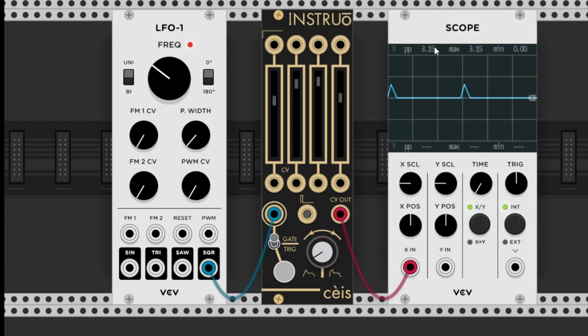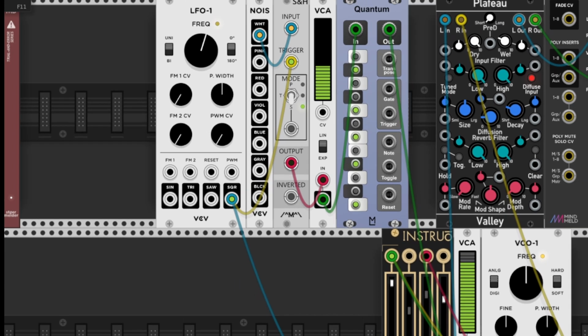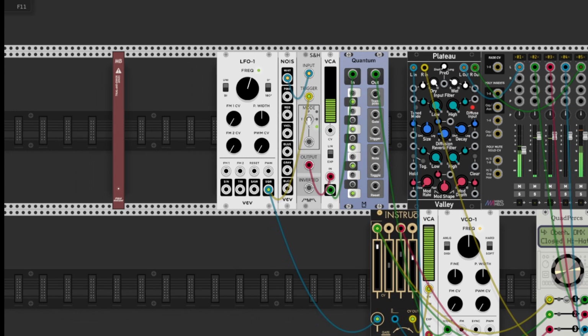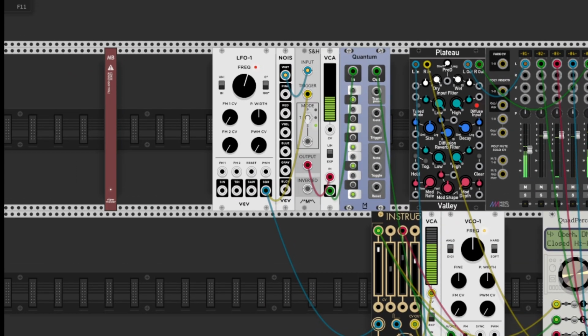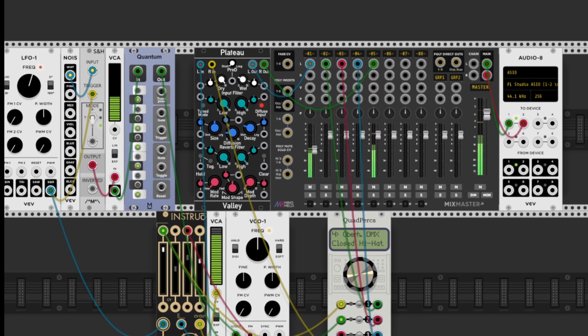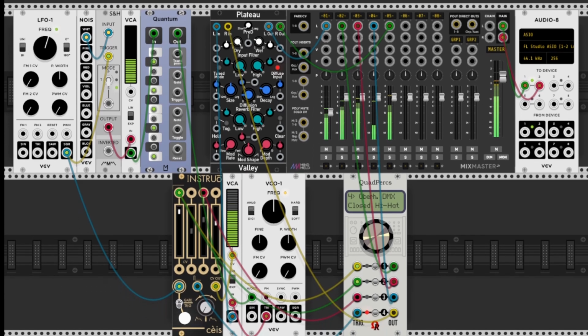I have prepared it. Yeah, okay. But I have to zoom out.